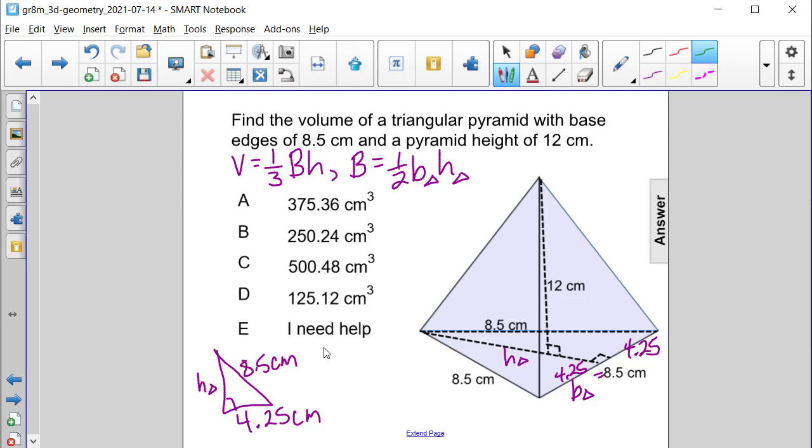So we're going to have 8.5 squared is equal to 4 25/100 squared plus the height of our triangle squared. When we square 8.5, we get 72 25/100.